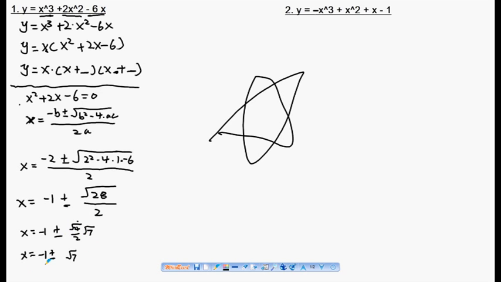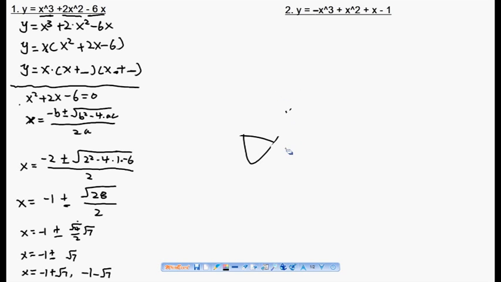Our x value is minus 1 plus square root of 7, or minus 1 minus square root of 7.